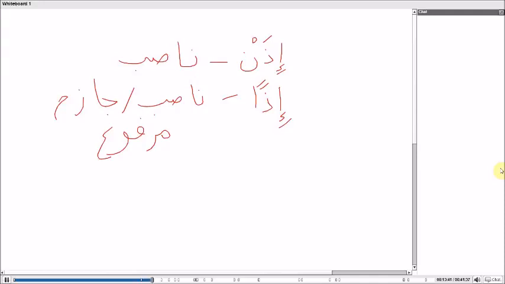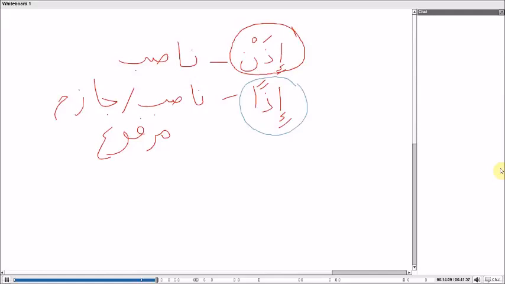Okay. Here, I'm going to try to read it real quick. This idhin is an answer. Idhin here is an answer. It's never written like this in the Quran. It's always written as idhin with the alif.